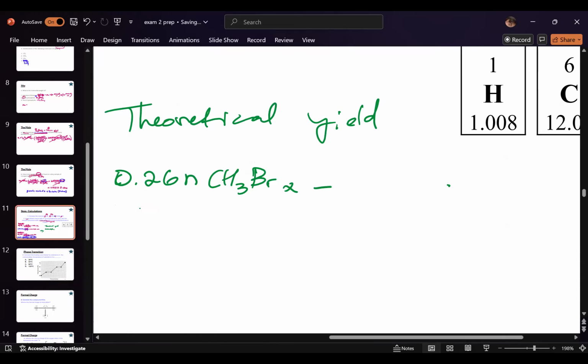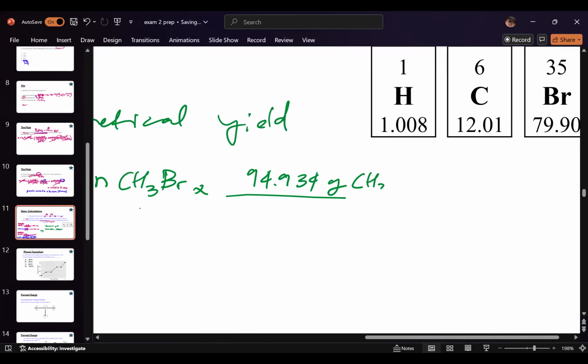And because we are so fluent in grams, we already know the molecular weight of CH3Br, which is 94.934 grams of CH3Br, all over 1 mole of CH3Br.